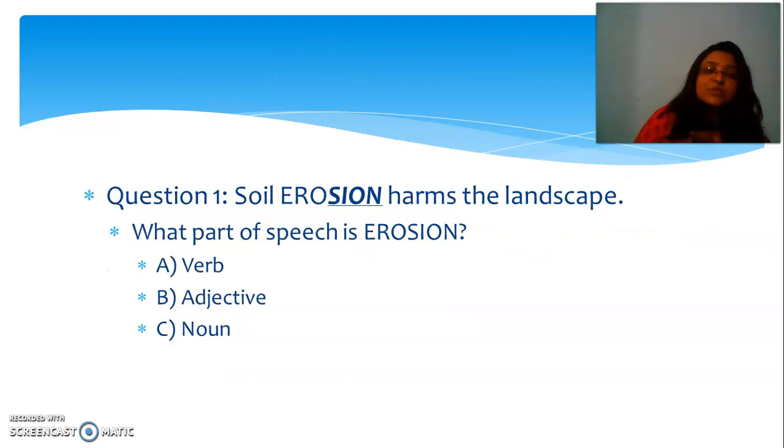Okay. So my first question based on suffixes is soil erosion harms the landscape. Now my suffix here is sion and I want to know what part of speech erosion is. Is it a verb, an adjective or a noun?